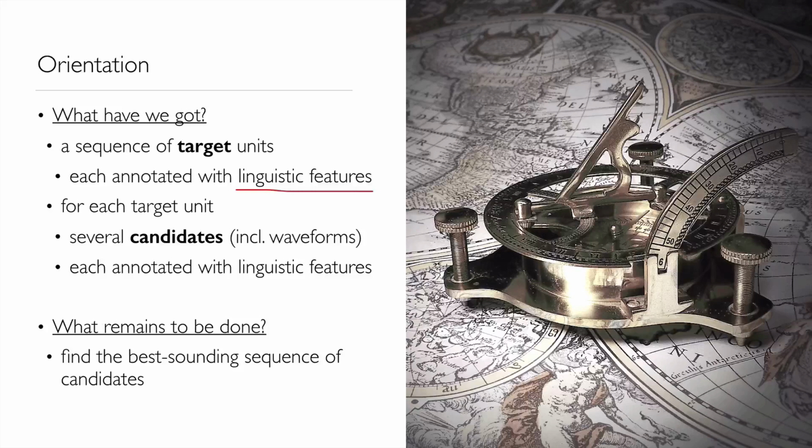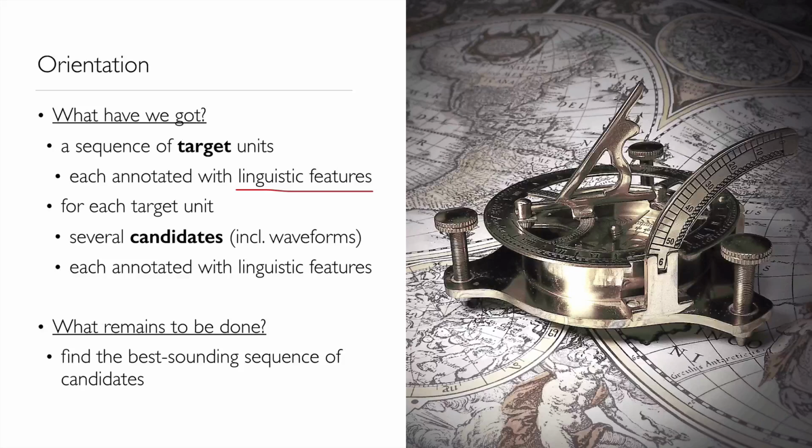They do not yet have waveforms. We're going to find for each target a single candidate from the database. So far, all we've managed to do is retrieve all possible candidates from the database, and we've just matched on the base unit type. So what remains to be done then is to choose amongst the multiple candidates for each target position so that we end up with a sequence of candidates that we can concatenate to produce output speech.